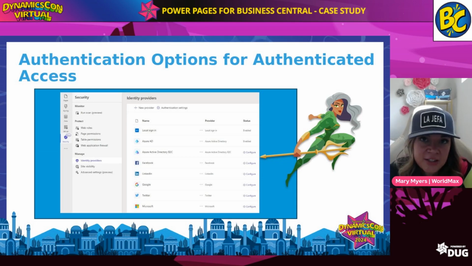Azure Active Directory B2C is Microsoft's preferred way for you to set up that identity provider, though. So just a tip there, but obviously you do have other options as well.